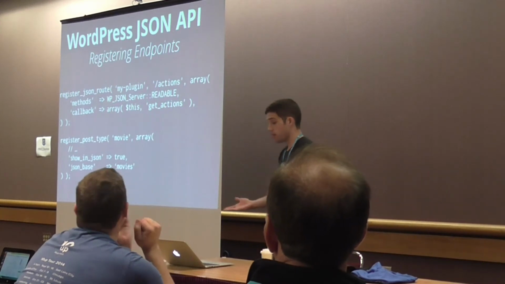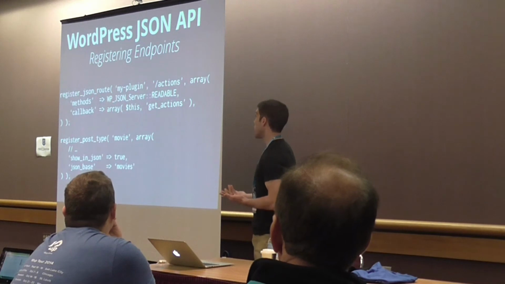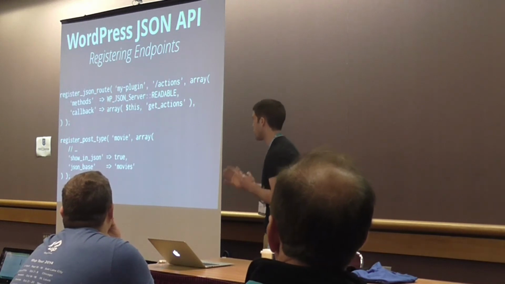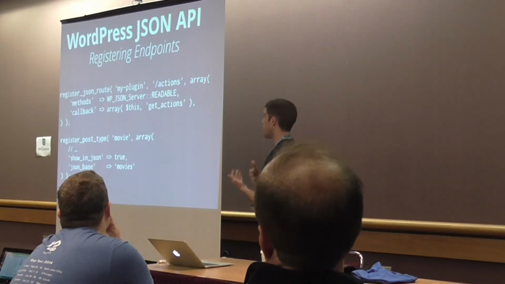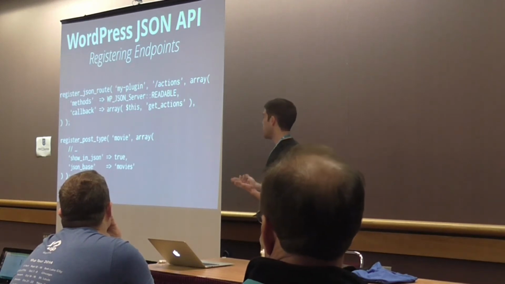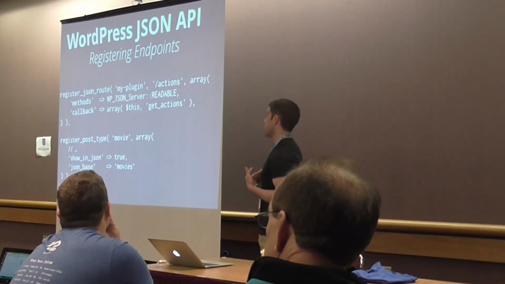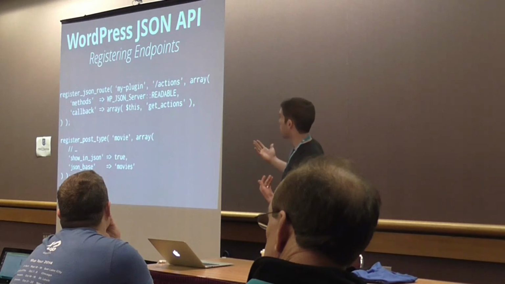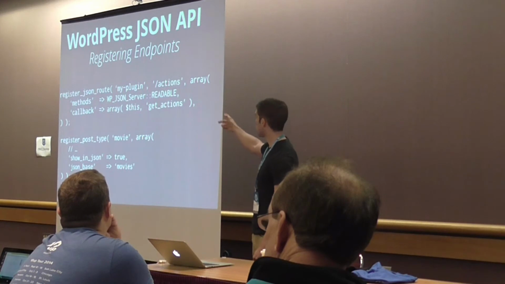So beyond querying data, you might want to create new endpoints. Either new endpoints where you can execute custom logic, or maybe you have a custom post type that you want to be able to retrieve out of WordPress. Well, the JSON API needs to be made aware of those endpoints. So to create a custom endpoint, you can use the register JSON route function, which expects 3 parameters.